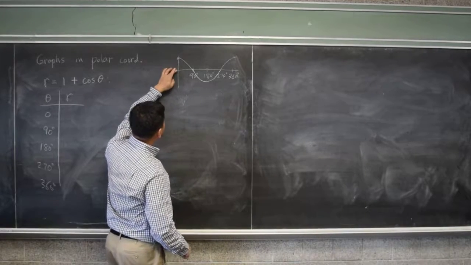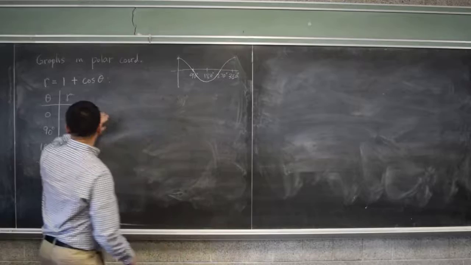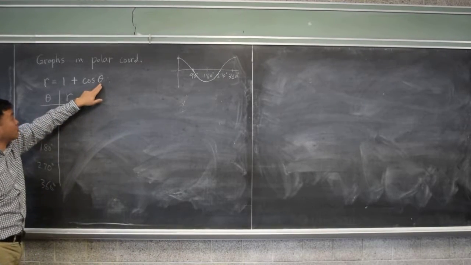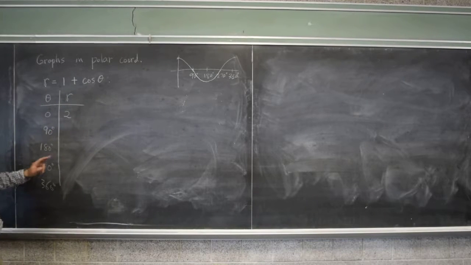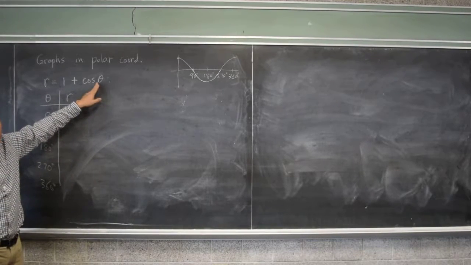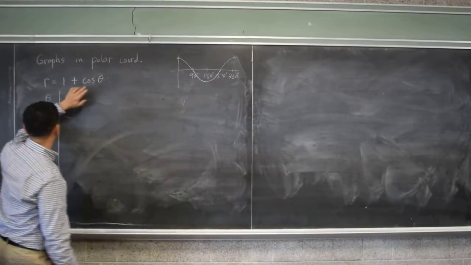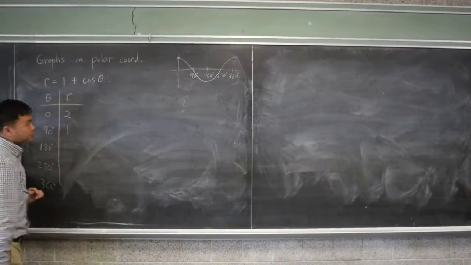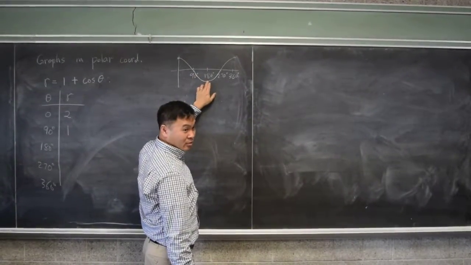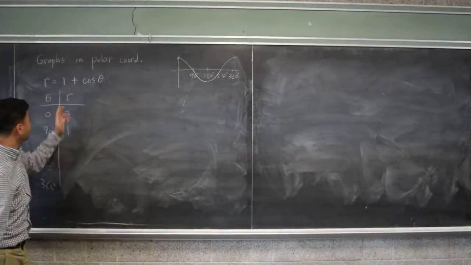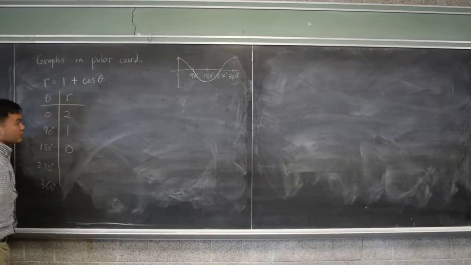And according to this graph, what's cosine of 0? 1. So if you plug in 0, you get 1 plus 1, which is 2. And if theta is 90 degrees, cosine 90 is, according to here, 0. So 0 plus 1 is 1. Cosine 180, that's negative 1. So you have 1 plus negative 1, which is 0.